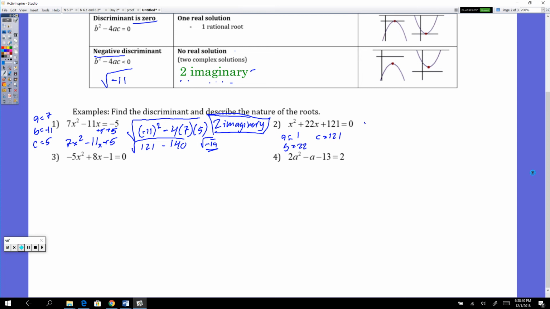So using the discriminant, we're going to say 22 squared minus 4 times 1 times 121. 22 squared is 484, and then 4 times 1 times 121 is also 484. So this gives me the square root of 0. Since I have a discriminant of 0, what is the nature of the roots? I have one real solution.